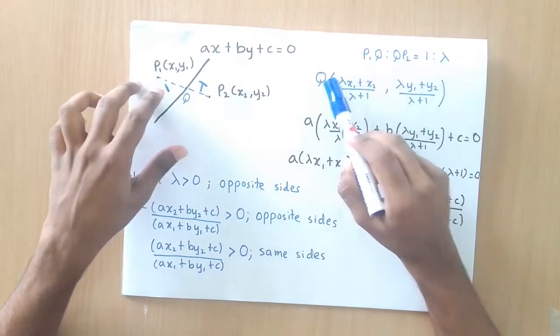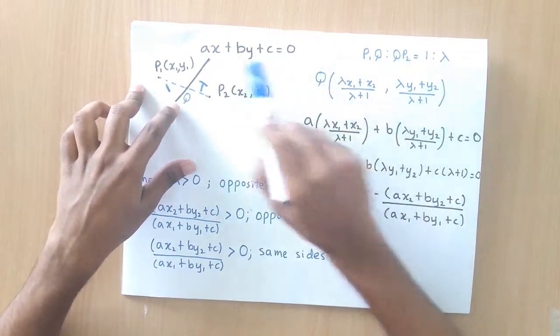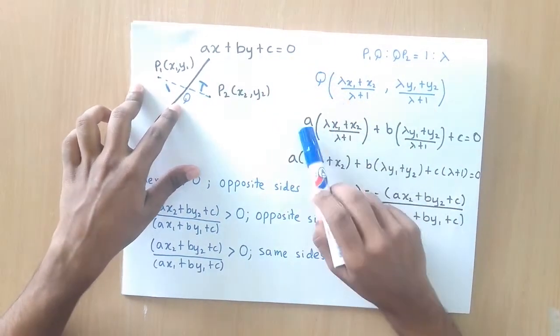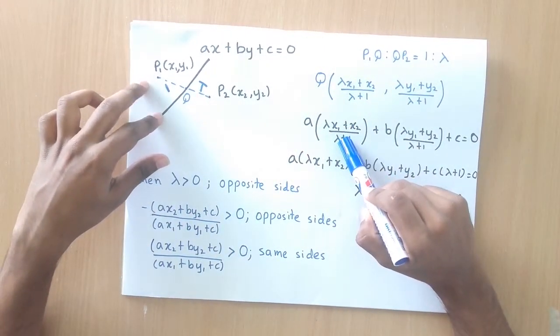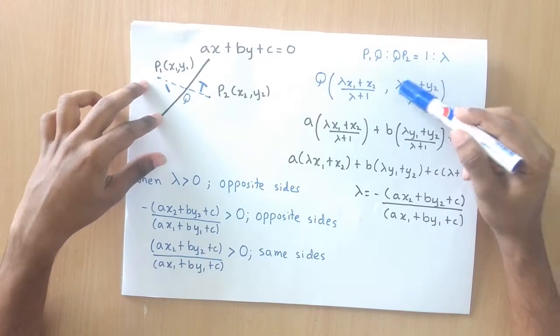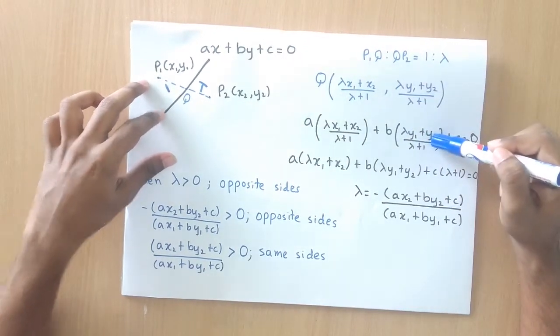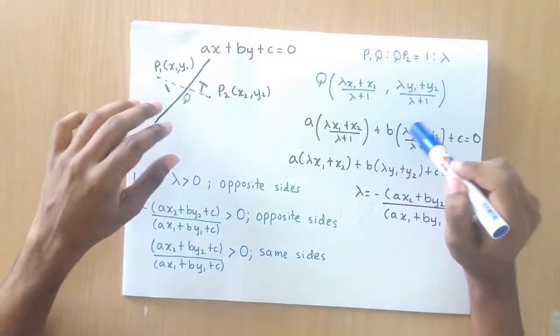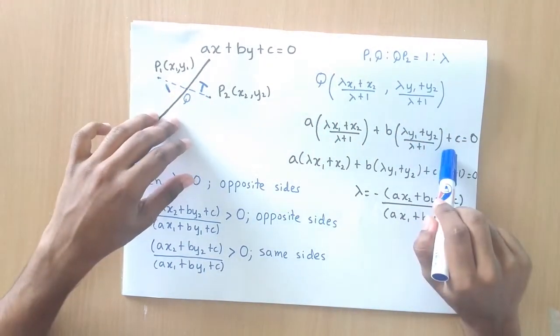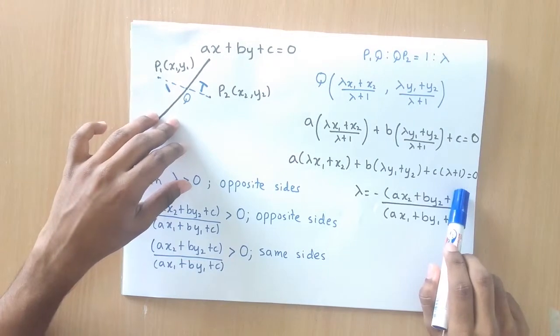When we substitute the coordinates of Q into this equation, we get a(lambda x1 + x2)/(lambda + 1) + b(lambda y1 + y2)/(lambda + 1) + c = 0. So when we multiply the whole equation by lambda + 1, we get this formula.